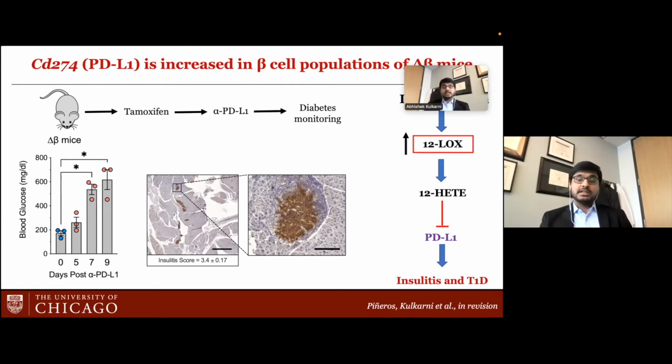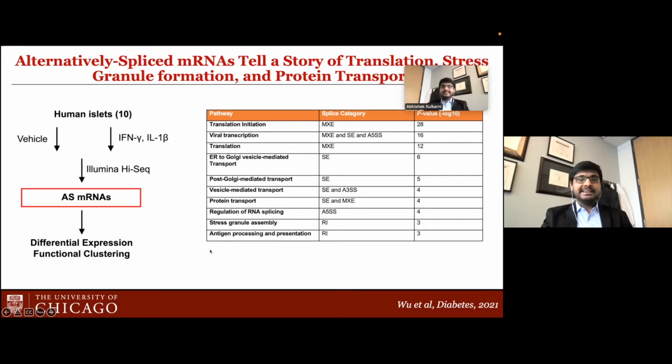But then we wanted to know how exactly this 12-LOX mediated inflammatory signaling affects the PD-L1 levels in type 1 diabetes pathogenesis. So in that context, I would like to highlight a recent study from Dr. Evans Molina's group at Indiana University. In collaboration with our lab, they demonstrated that treatment of human islets with pro-inflammatory cytokines induces inflammation.